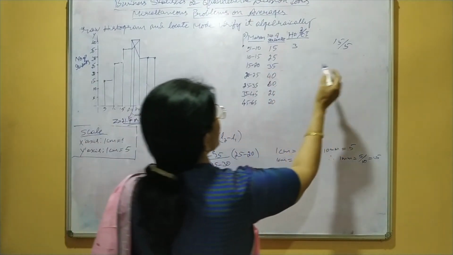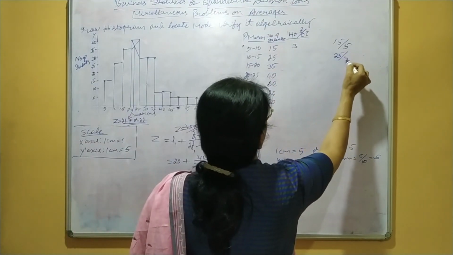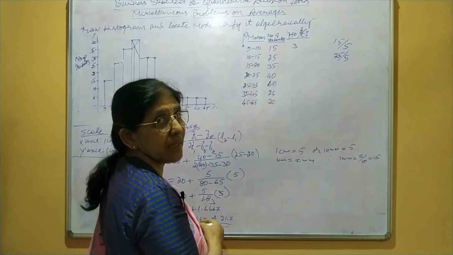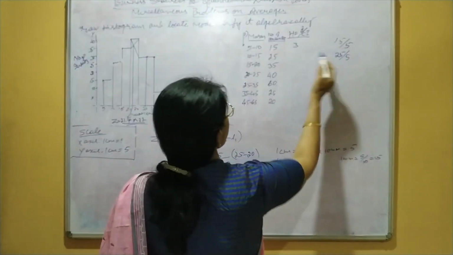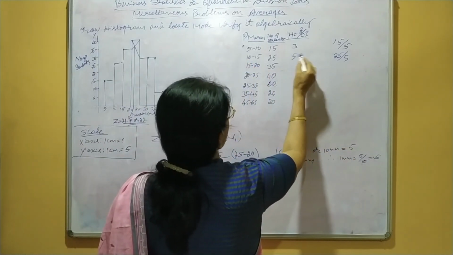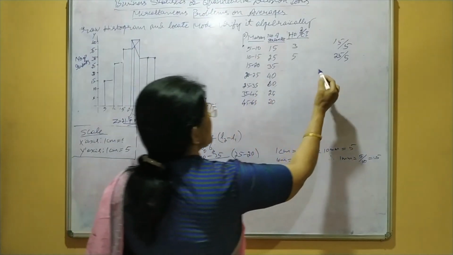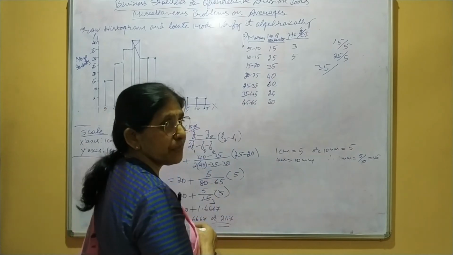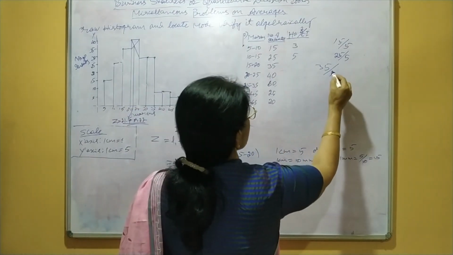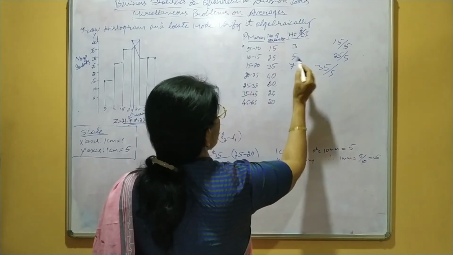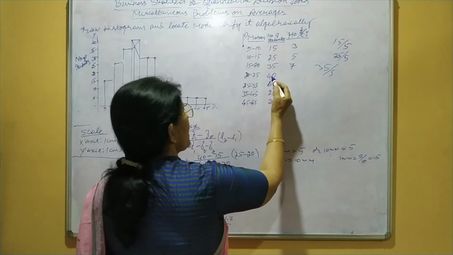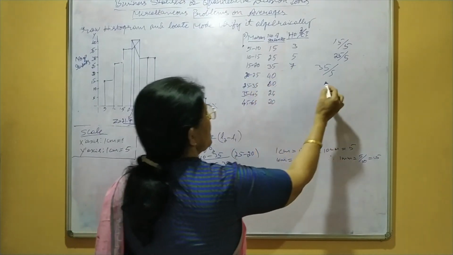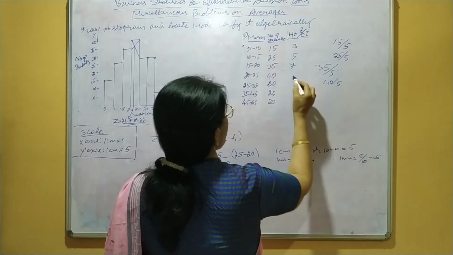Next one, 25, class interval of the corresponding class is 5. 25 divided by 5, 5. Next, 35 divided by class interval of the corresponding class is 5. 35 divided by 5, 7. 40, class interval is 5. 40 divided by 5, 8.